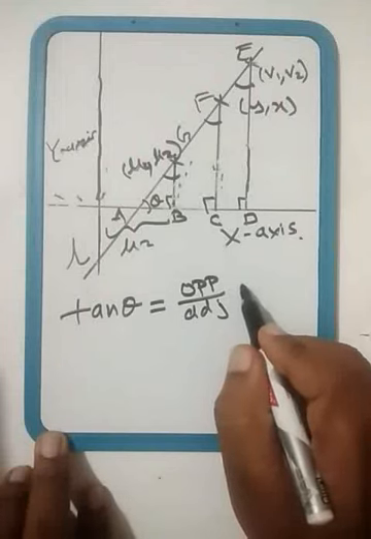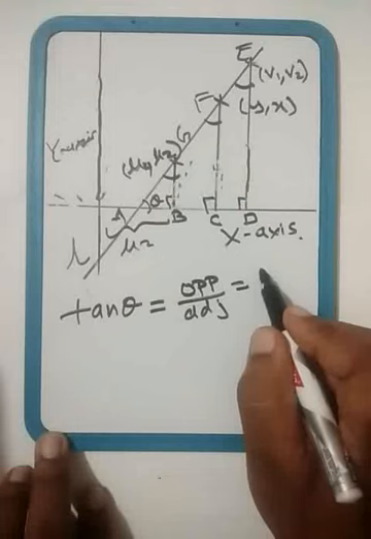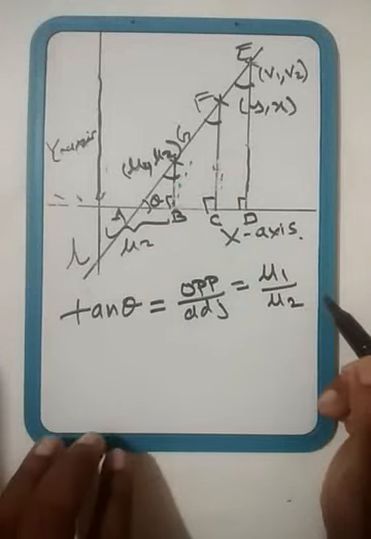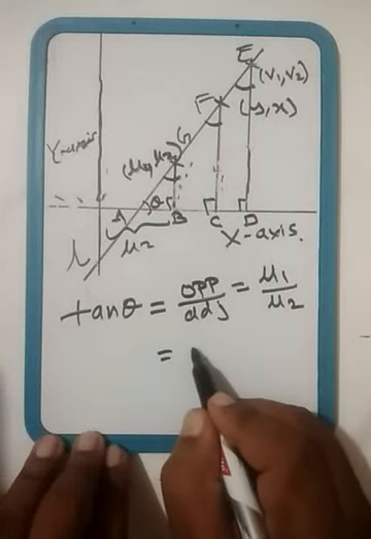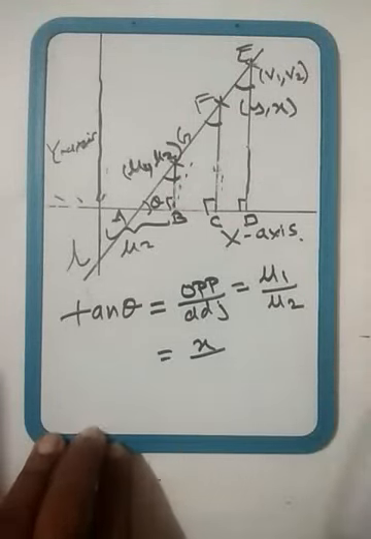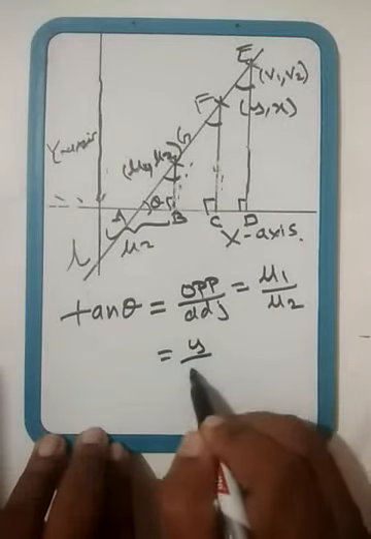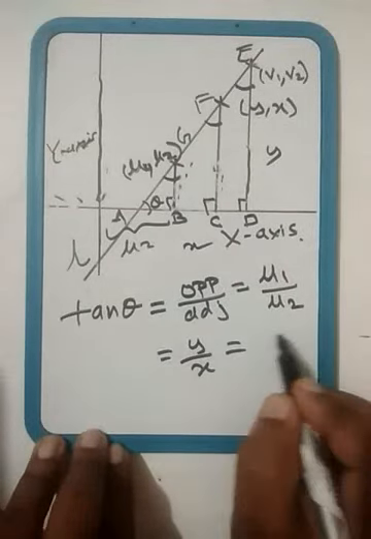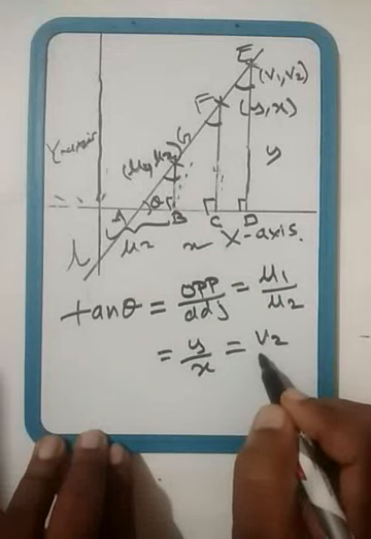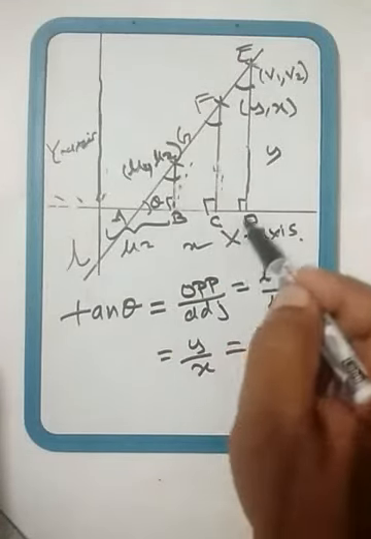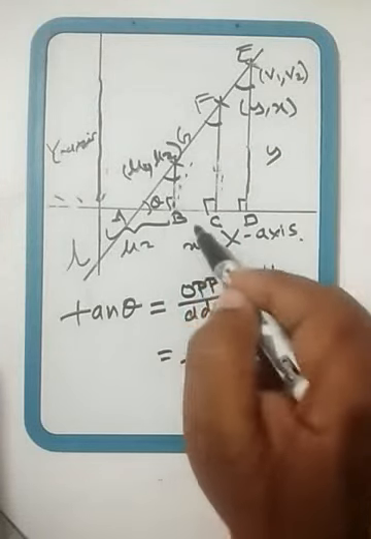For the triangle ABC, this works out to be y upon x, this is y, this is x, and similarly, which is the same thing as v2 upon v1. So this length upon this length.